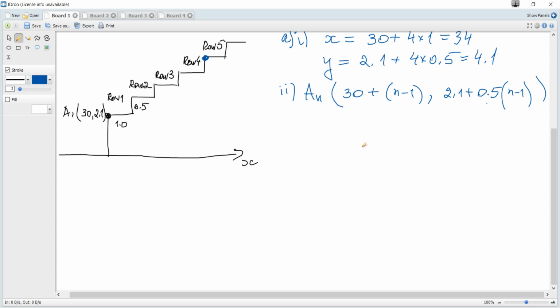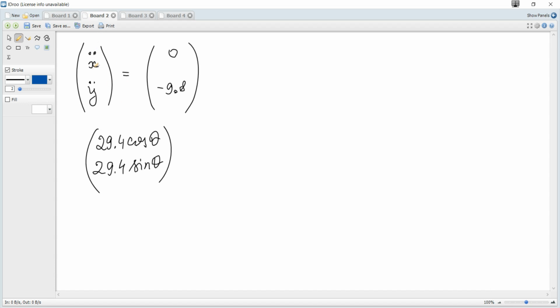The next part: while in motion, the T-shot can be treated as a projectile. Let t be the time in seconds after a T-shot is launched. At any time t greater than 0, the acceleration of the T-shot in meters per second squared is given by the vector. It means the second derivative of the displacement is the acceleration.